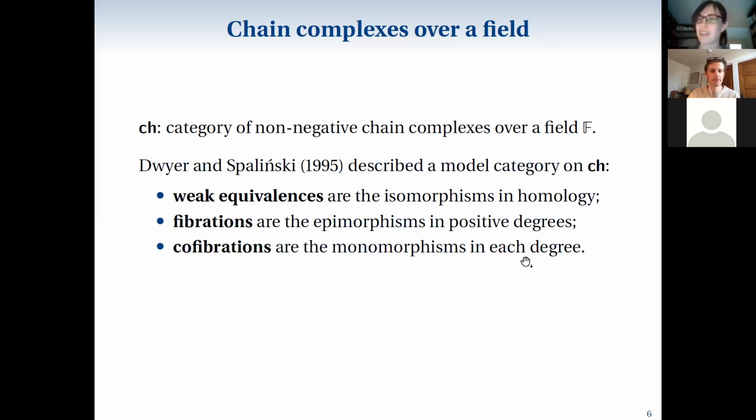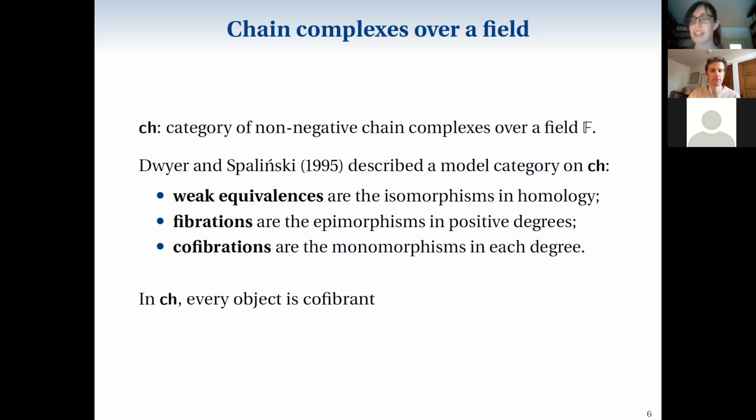Also, actually, I have an example right here. Because in this category, the initial object is the chain complex which is 0 in all degrees. And obviously any object, so any chain complex, gets a monomorphism from 0.